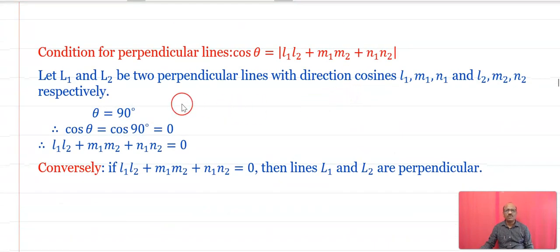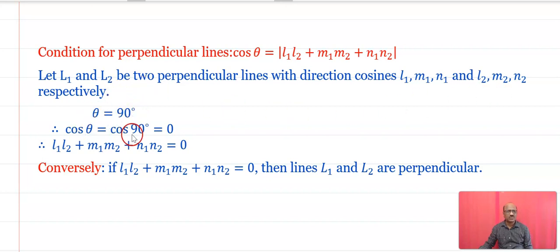Now the condition for perpendicular lines. When the two lines are perpendicular, the angle between them is 90, and cos 90 is 0. And what is the condition? Let L1 and L2 be two perpendicular lines with the direction cosines L1 M1 N1 and L2 M2 N2 respectively. Then theta is equal to 90.